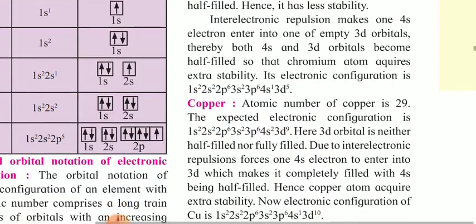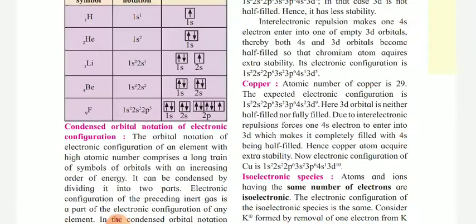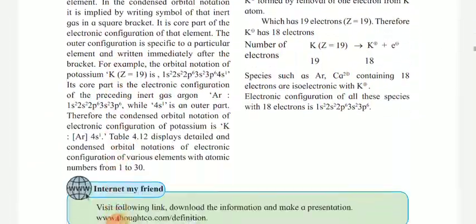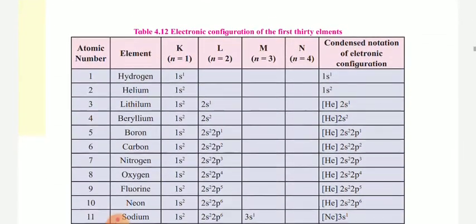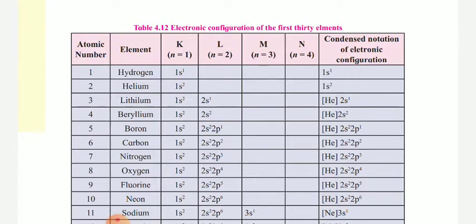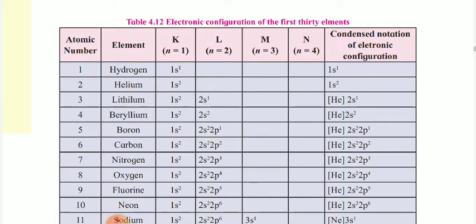Now students, the next point of this chapter is to write the electronic configuration of the first 30 elements, and in your textbook they have provided it. Along with that, you have to practice by taking elements other than these 30 elements.